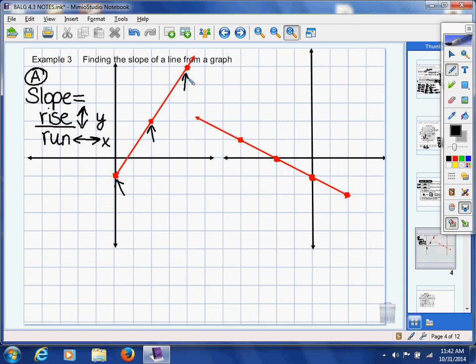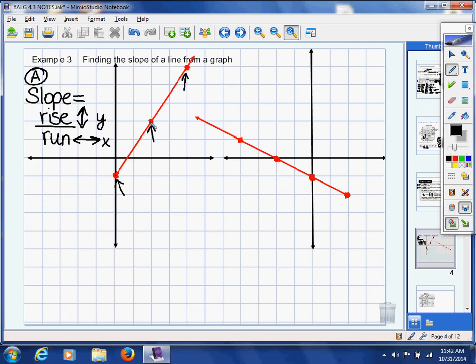So let's pick a point. I'm going to start down here at this bottom point where my pencil tip is. Hopefully that showed up on the video. And the name of this point is 0, -1. I don't really need to know the name of that point. I'm just telling you so we're all at the same place. And so what I'm going to do is I'm going to go to this next point above it.